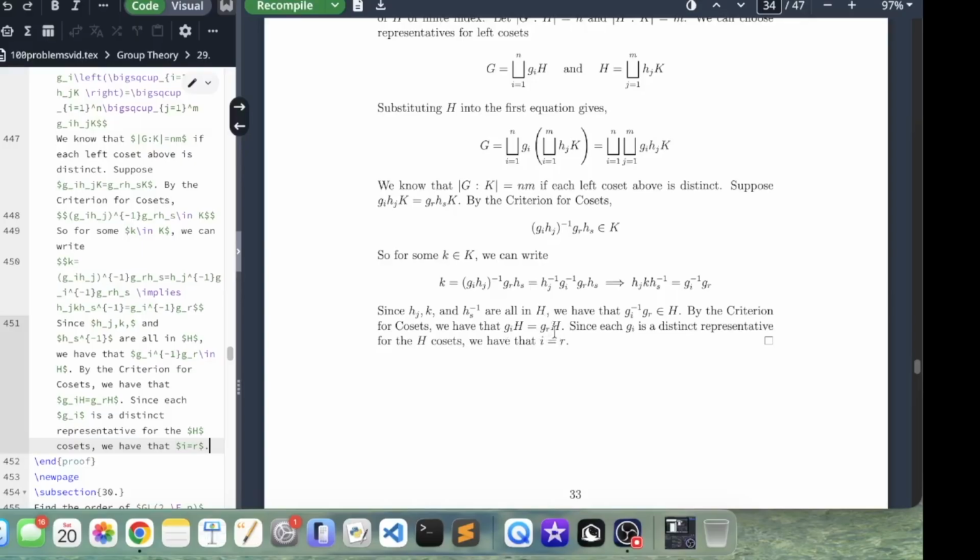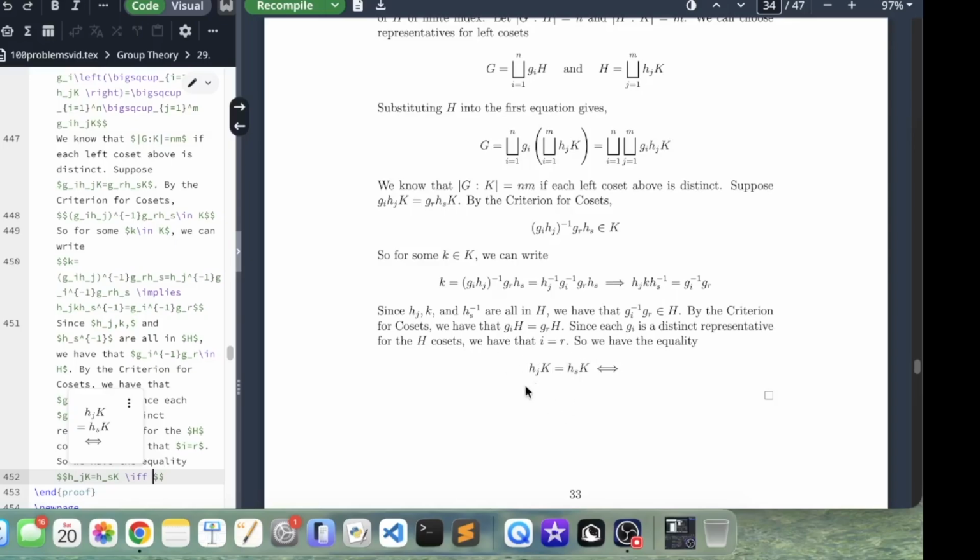Okay, and now if we take this equation, we have the equality. We have g_i, and now we can say that this is also g_i. If we multiply by g_i inverse on the left on both sides, we get h_j K equaling h_s K. And once more, I'm going to use the criterion for cosets on this guy, or actually we don't even need the criterion for cosets.